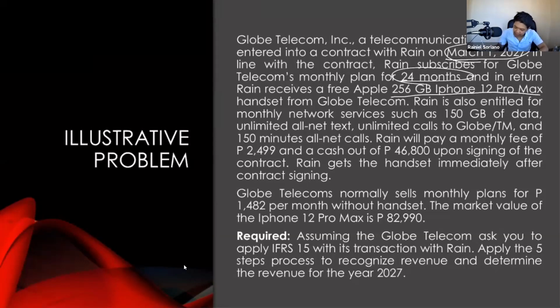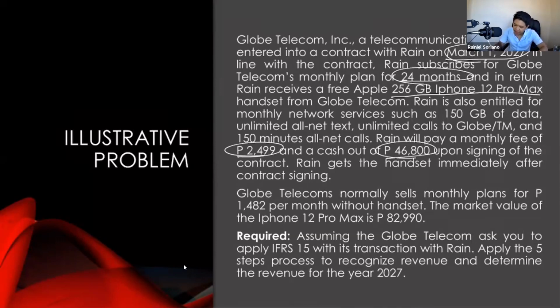Rain is also entitled for monthly network services such as 150GB of data, unlimited all-net text, unlimited calls to Globe and TM, and 150 minutes all-net calls. Rain will pay a monthly fee of 2,499 and cash out of 46,800 upon signing of the contract.